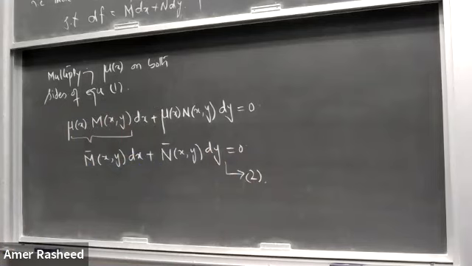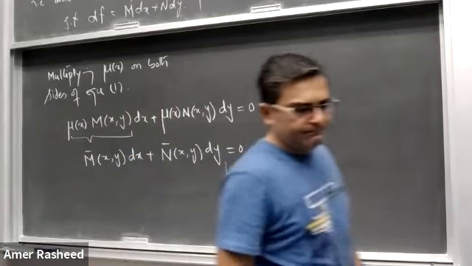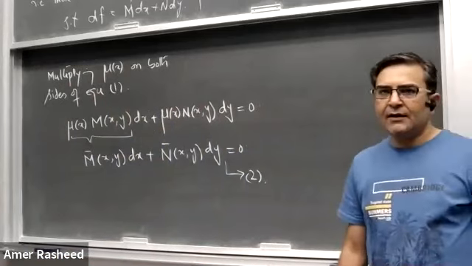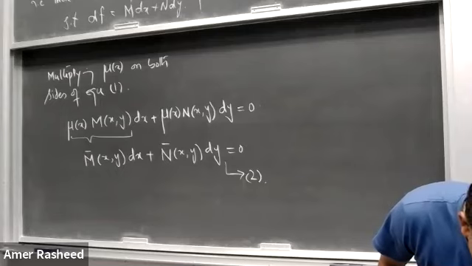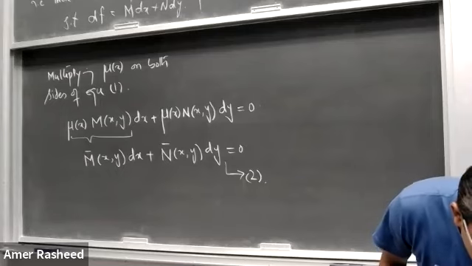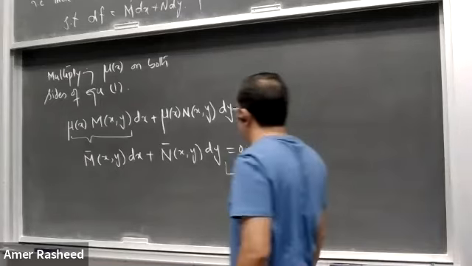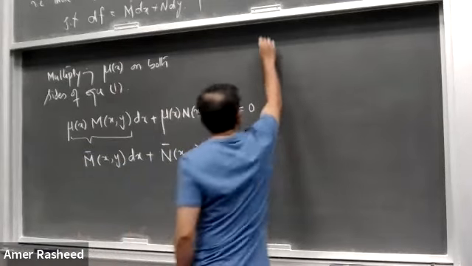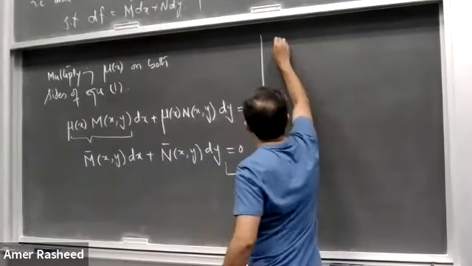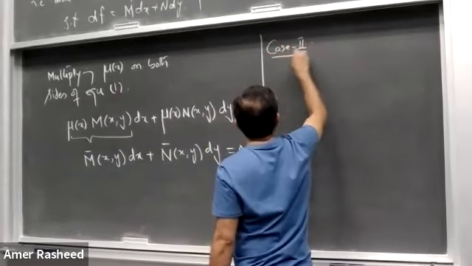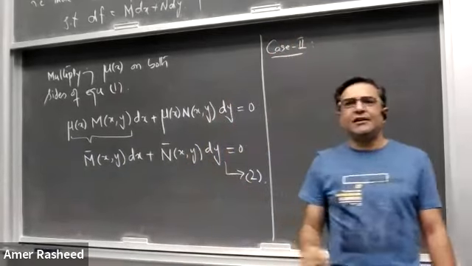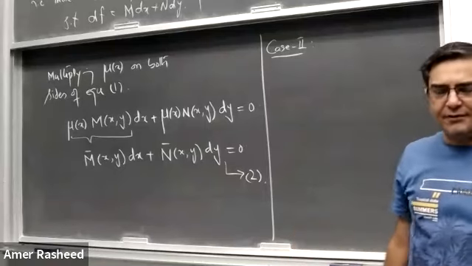Now this equation must be an exact differential equation. This equation will be an exact differential equation. Now this is the case 1. Similarly, we have another case. Let me define all the cases and then we'll discuss these things with the help of examples.